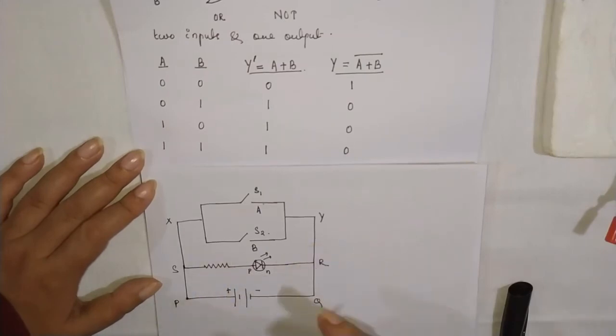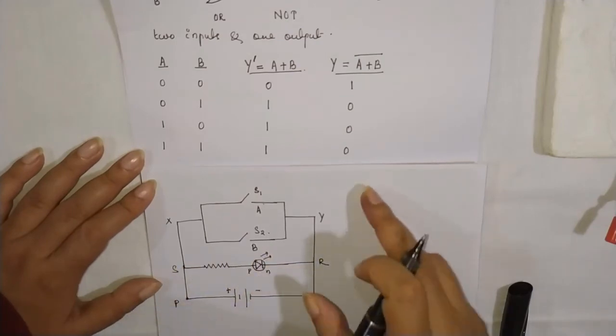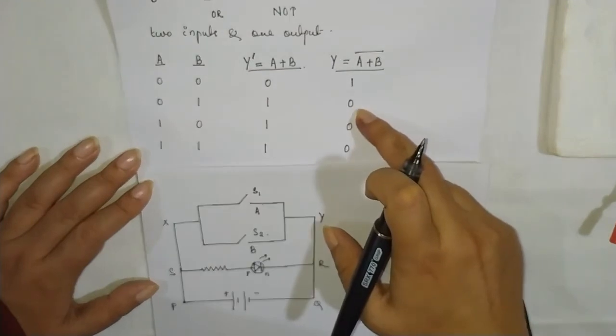Similarly, the current is not going to pass across this LED, which means the output will be low. The LED is not going to glow. So the output will be equal to 0.